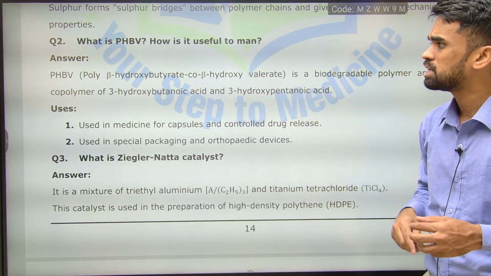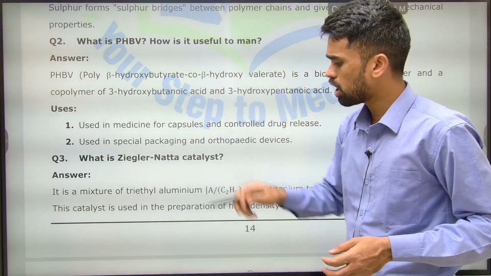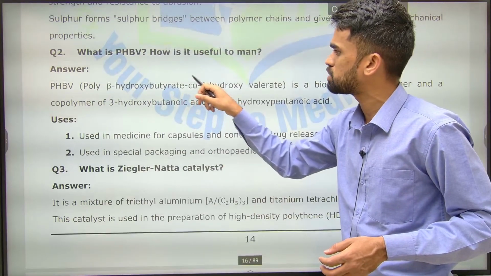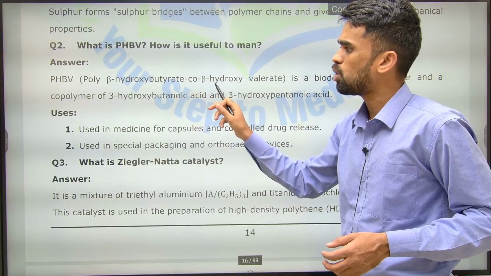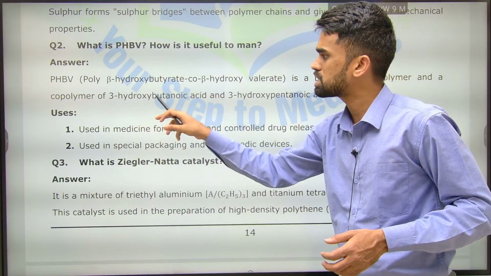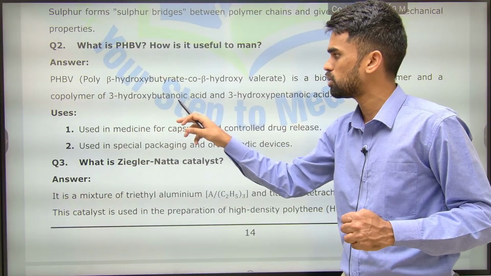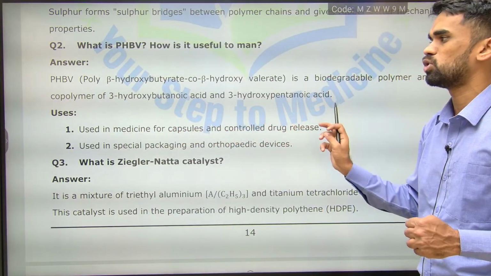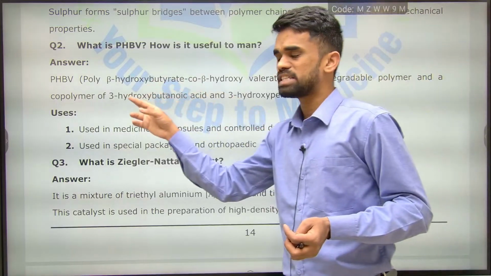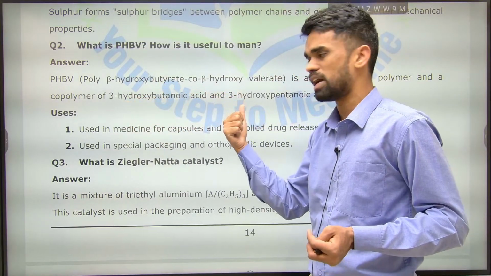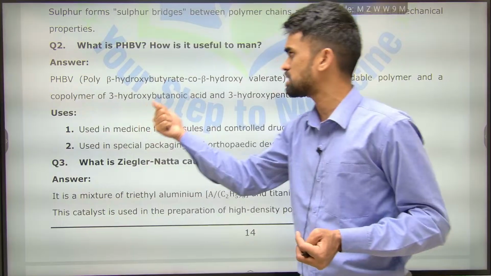Here you have a carbonyl linkage between these two. What are the monomeric units here? 3-hydroxybutanoic acid and 3-hydroxypentanoic acid. Just remember, it is a 3-hydroxy acid, this is also 3-hydroxy, but this is a butanoic acid and here it is a pentanoic acid.